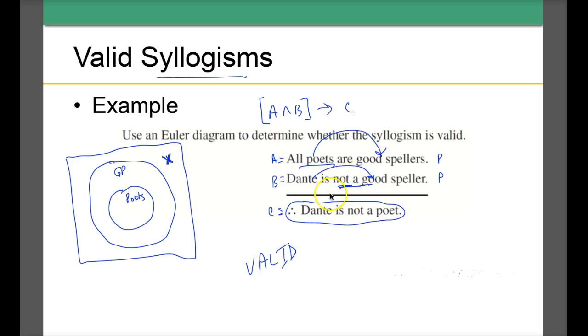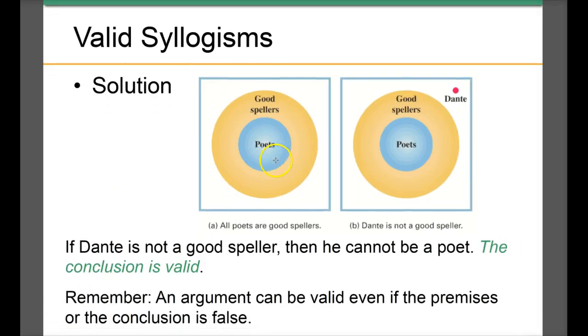When we look here, we see that Dante has to be here, but we don't know for certain that Dante is a good speller or not. We don't even know if he's a poet. But according to how our argument is structured, our argument would be valid based upon what we're saying.